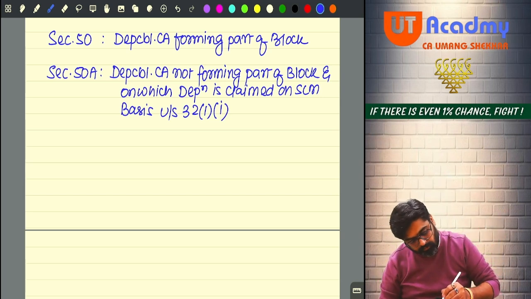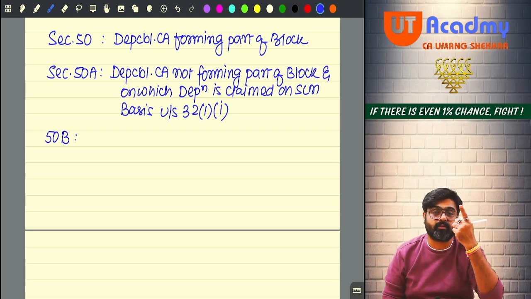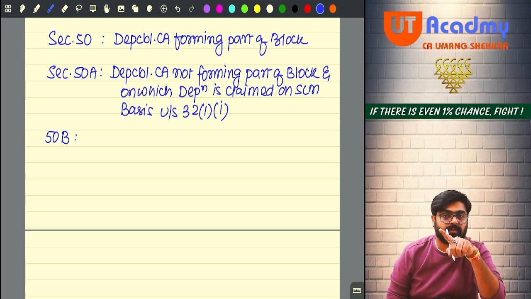Now, after 50A, we saw 50B. 50B talked about a specific asset. See, first asset is specific asset. Second asset is also specific asset.